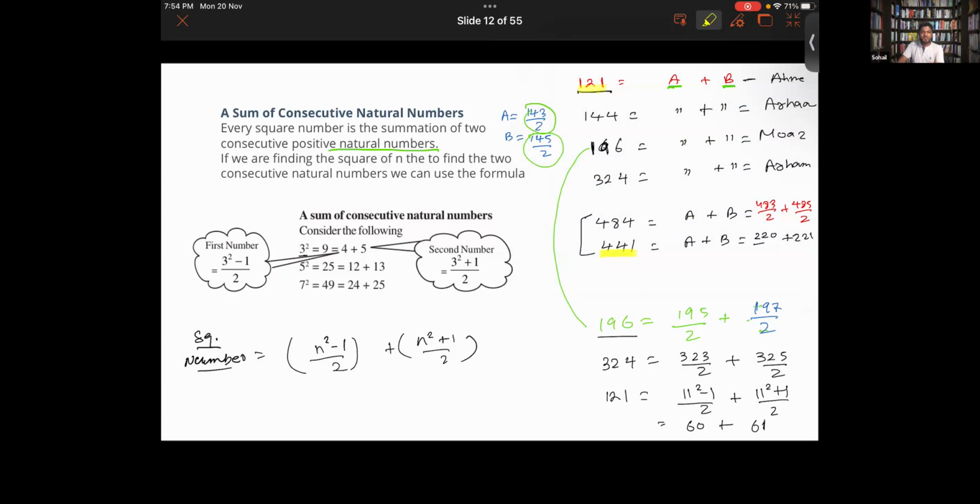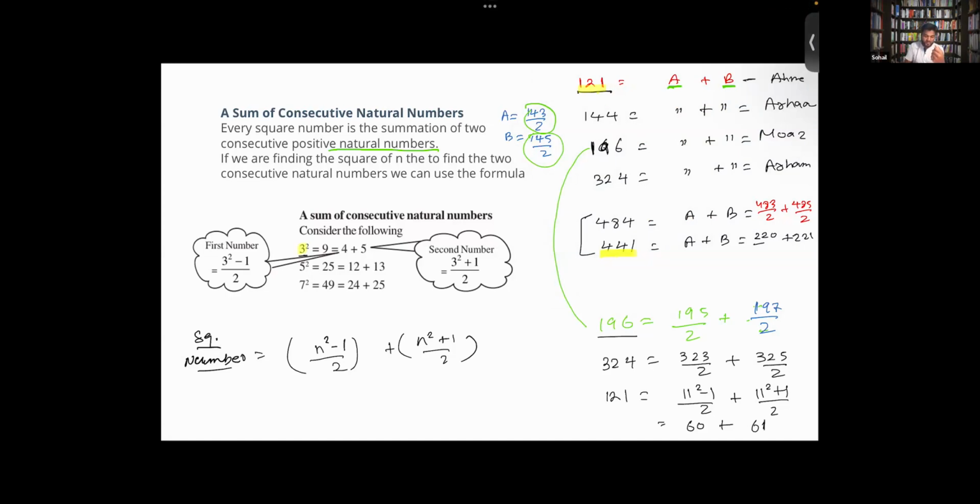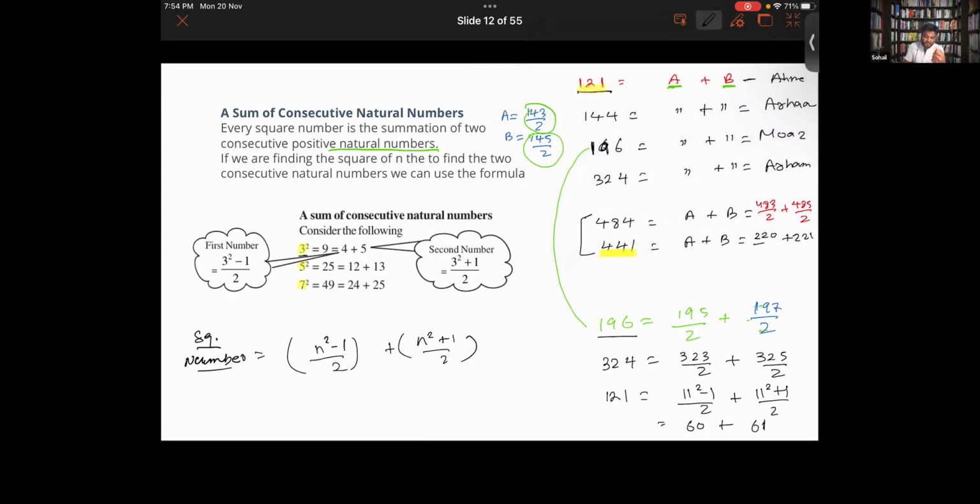The thing here is that if you have odd natural numbers in the form of n square, I mean to say, whenever we have odd numbers like 3 square, 5 square, 7 square, these are all odd numbers. Similarly we see 9 square, 11 square, 13 square, 15 square, 17 square, 19 square. For those numbers, I can represent them as the sum of two positive natural numbers.